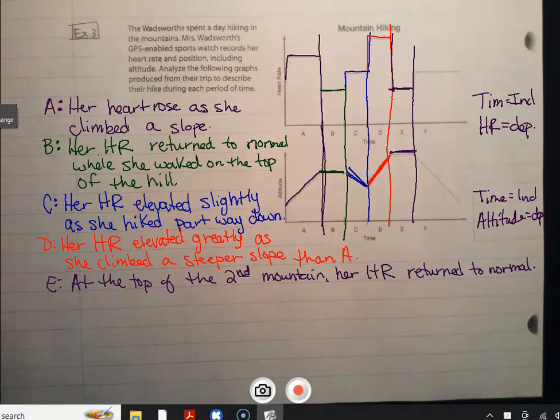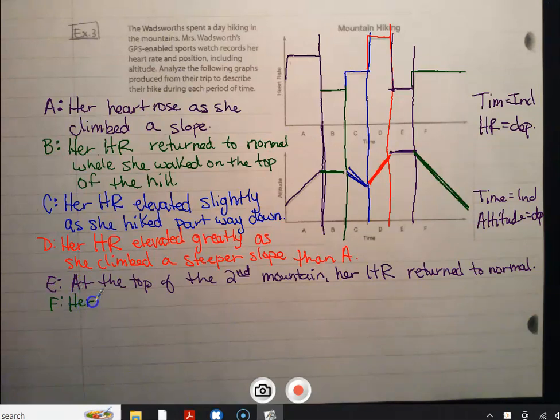And the last one is F. So that's the rest of it. So from F, let's look at what she's doing. Her altitude is decreasing, so she's climbing down this mountain. And what did her heart rate do? Okay, so her heart rate elevated as she's climbing down the mountain.